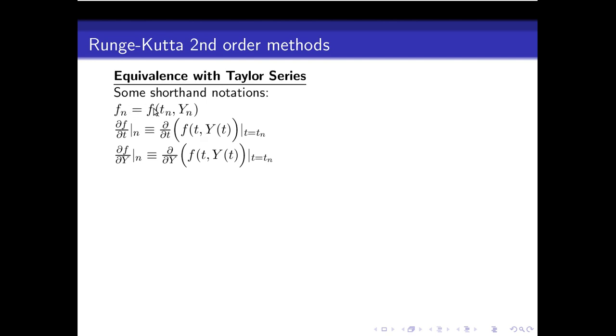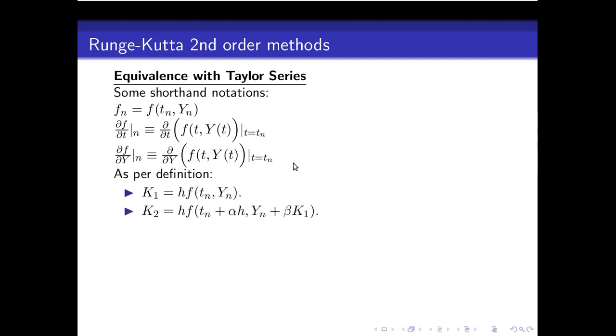First of all, this f(tn, yn), we will call this fn. If you take a partial derivative of f(t,y) with respect to t at the point t equal to tn, instead of writing this clumsy thing, we'll just write del f del t at n, and similarly del f del y at n, the partial derivative of f(t,y) with respect to y.